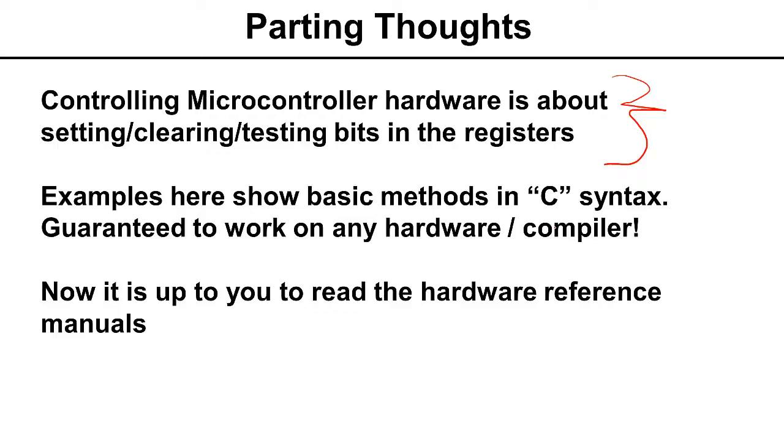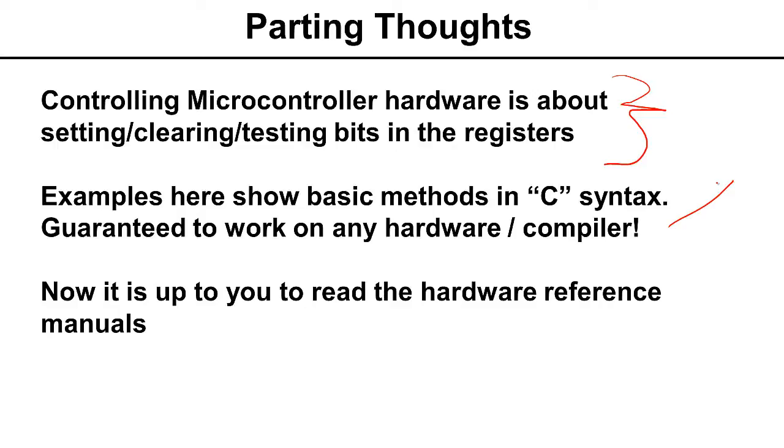All right. Here's another important point. I showed you on purpose how to do bit manipulation with standard C syntax. This is guaranteed to work on any hardware with any ANSI C compiler.